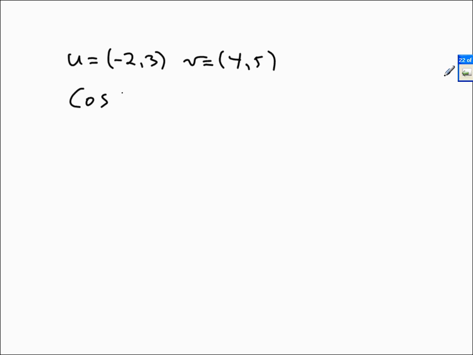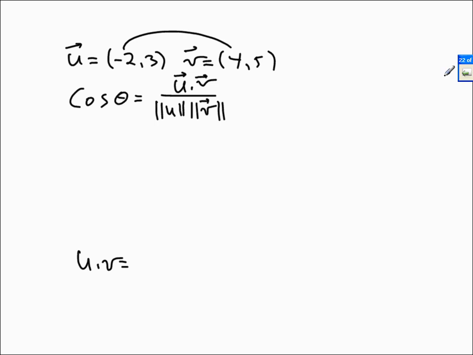The cosine of the angle between these two vectors is u dot v divided by the length of u times the length of vector v. On the side, I'll compute u dot v. Negative 2 times 4 plus 3 times 5. So I get 7.